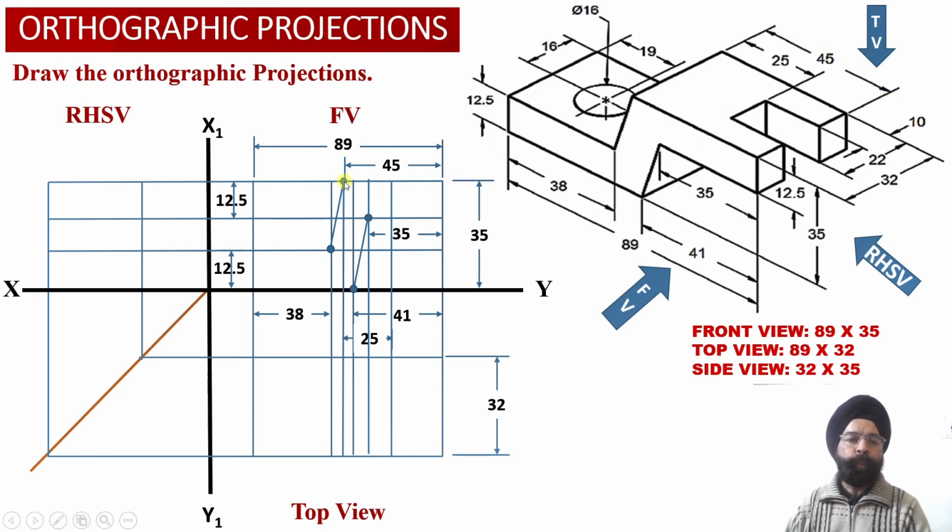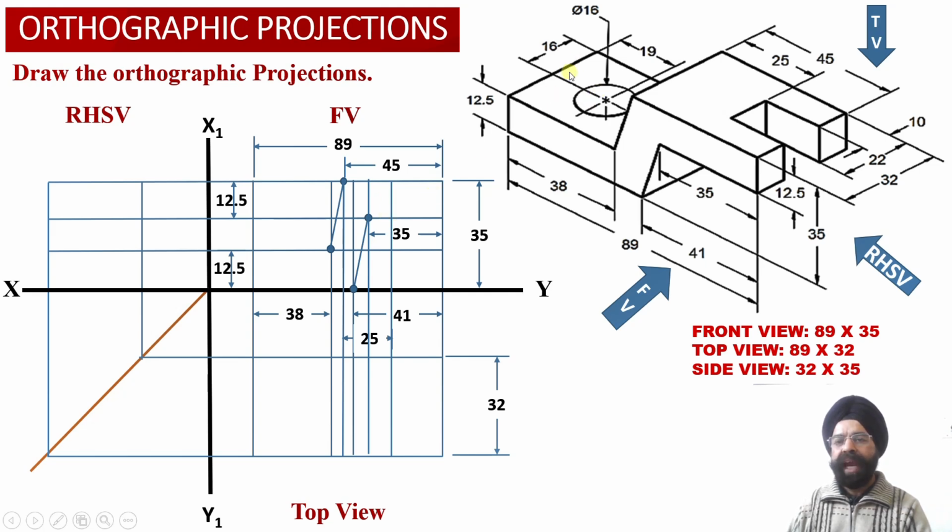From this 45 millimeter point, we have moved a distance of 25 millimeter towards the right hand side, and another vertical projector line we have obtained corresponding to this surface of the slot into the front view projections, and this vertical projector line we have extended into the top view projections as well. So this way this slot has been located into the front view projections.